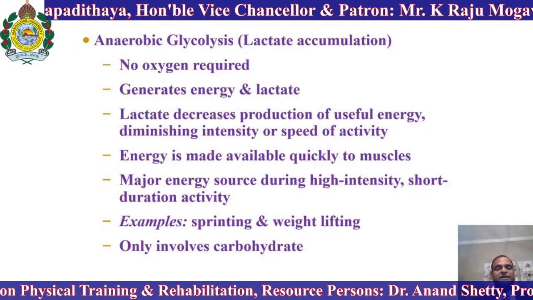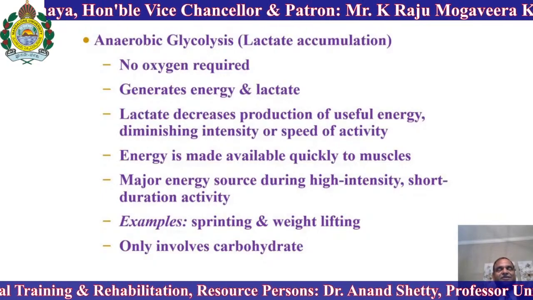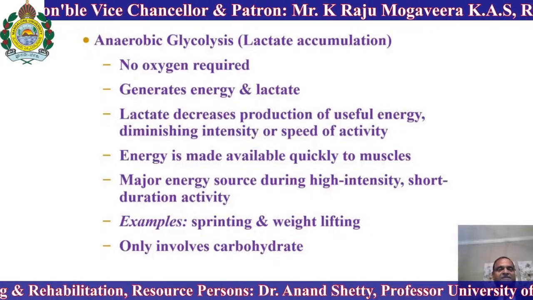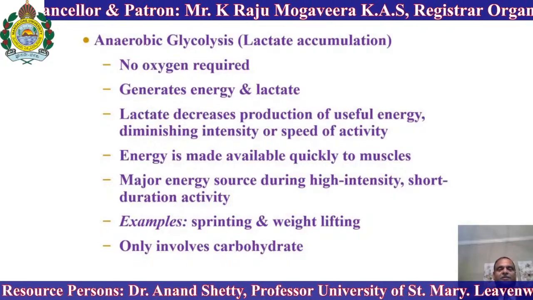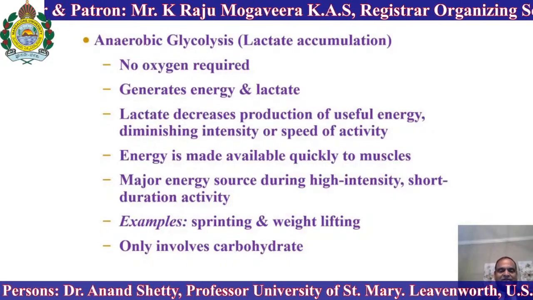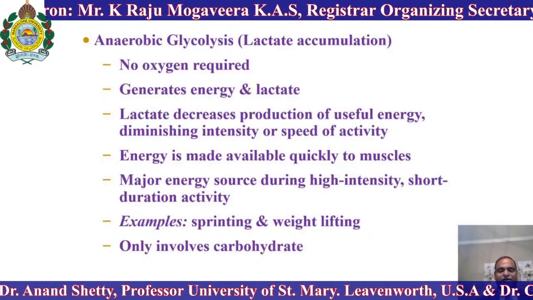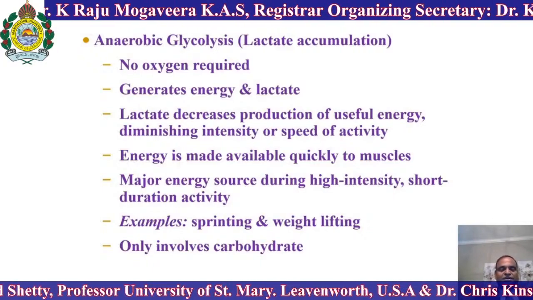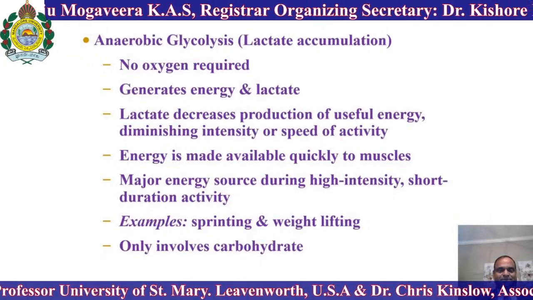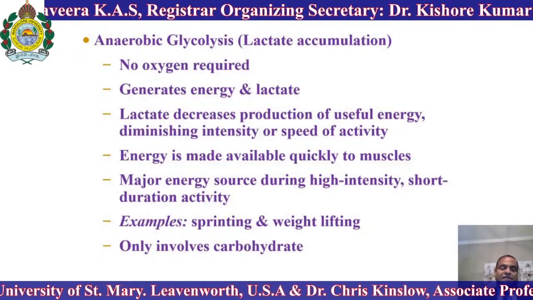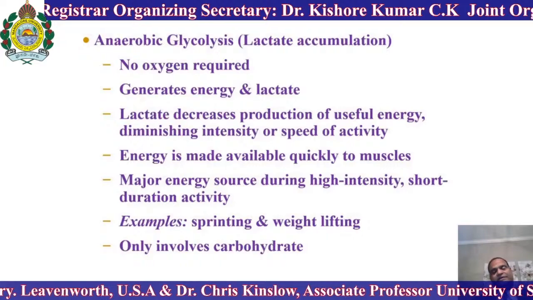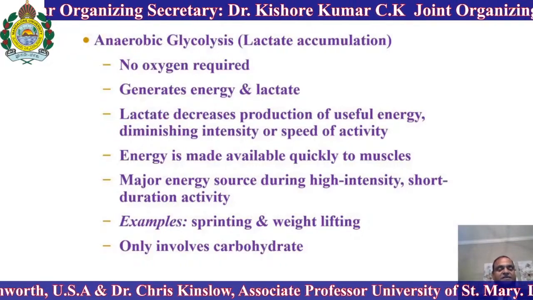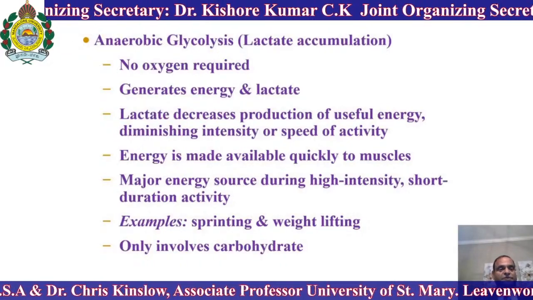It's very similar to the ATP-PC system, but it's not as powerful as ATP-PC. At the same time, you will accumulate lactate that will hinder your performance unless you reduce the intensity of activity. The examples are sprinting, weightlifting, running and jumping, and all of those activities that use only carbohydrate.